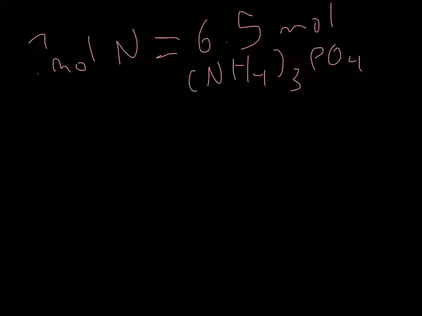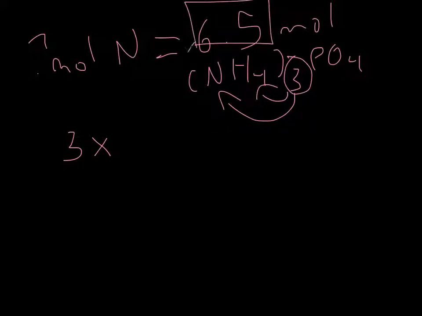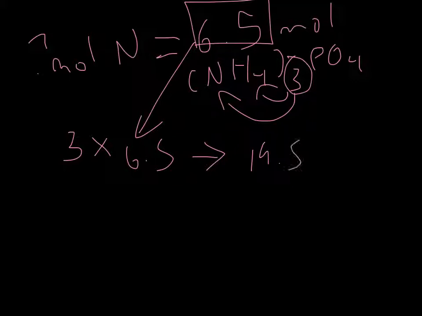So, as you can probably guess, the 3 applies to the ammonium, so to the nitrogen. So we have 3 times the nitrogen, so you're just going to do 3 times the 6.5 originally, and you get 19.5 moles of nitrogen that are inside of 6.5 moles of ammonium phosphate.